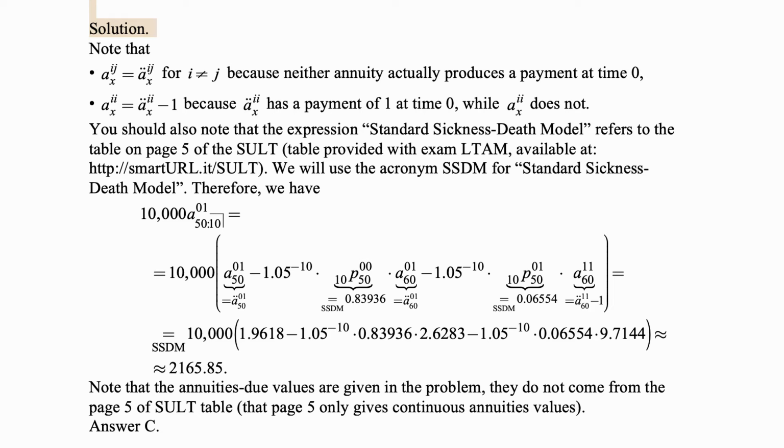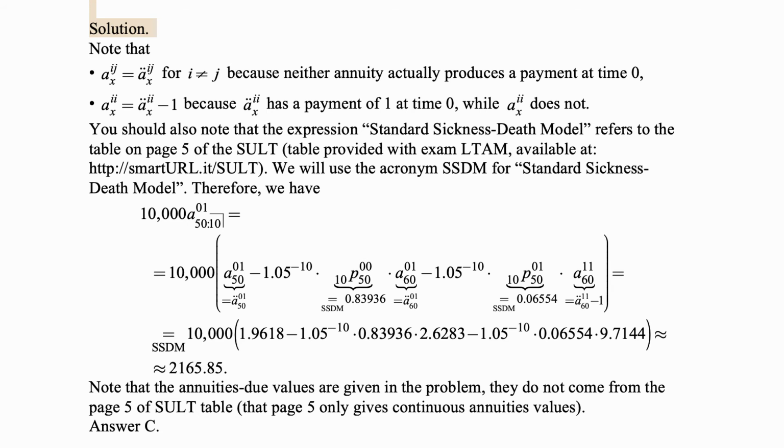Therefore, we have 10,000 a_{50:10}^{01}. That's equal to 10,000 times a_50^{01}, which is equal to ä_50^{01}, minus 1.05^{-10} times 10p_50^{00}, which is the probability of survival in state 0. Well, starting out from state 0 and being in state 0 10 years later. It's not continuously in state 0. All we need here is that the person starts out in state 0 and is in state 0 in 10 years.